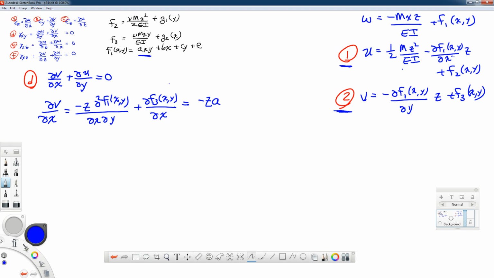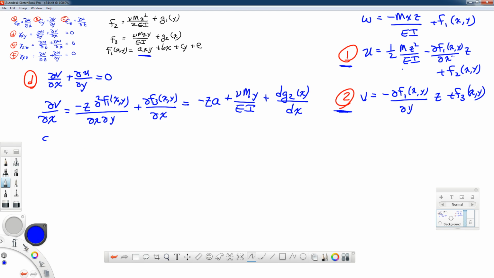Now we're going to have the partial derivative of f3 with respect to x. Now f3 with respect to x is going to give us a plus nu my over ei. And since this is only a function of x, now we can get this down to a straight derivative of g2, which is a function of x, dx.